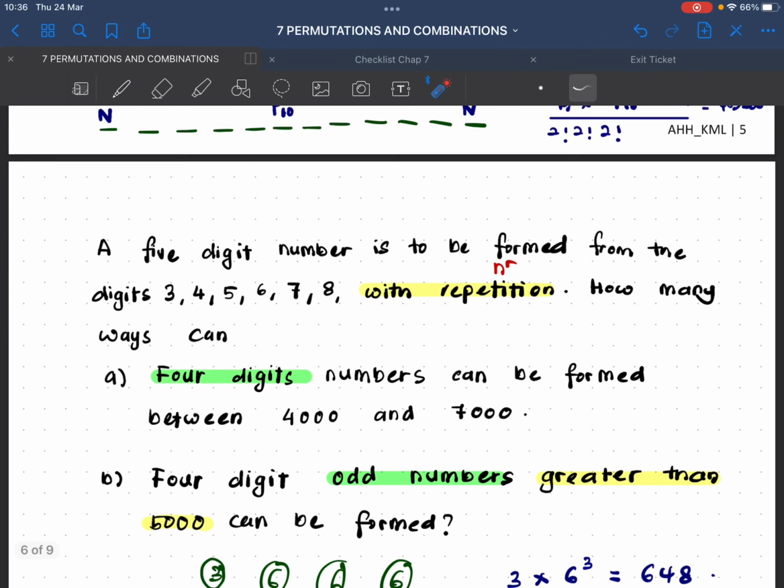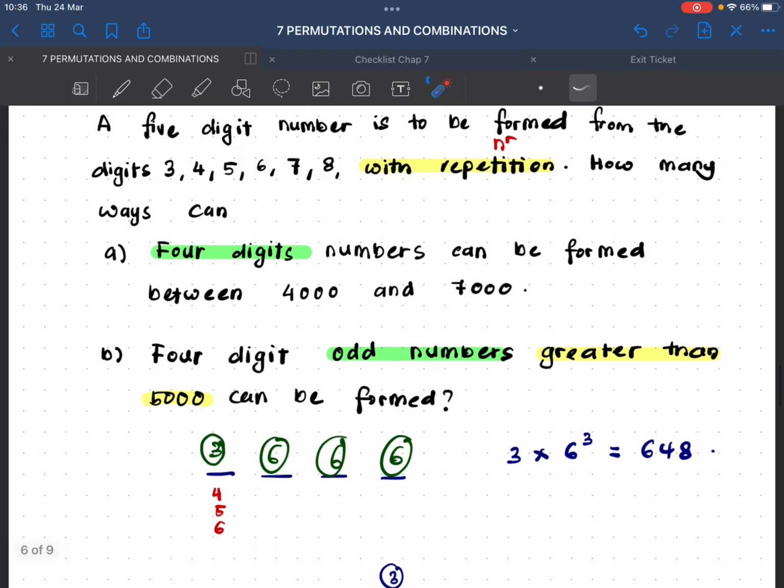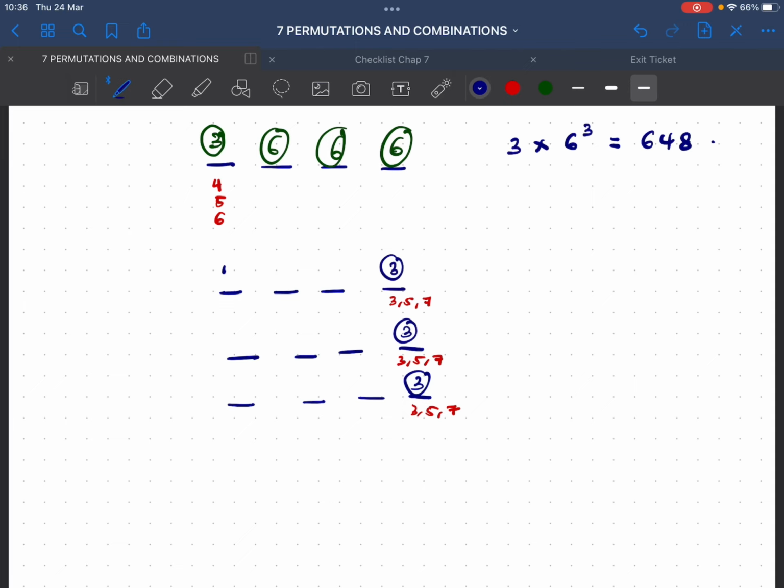But we have the other case, greater than 5,000. So greater than 5,000 can be 5, 6, 7, 8. So kita boleh letak 5 dekat sini, 6 dekat sini, 7 dekat sini, and kita ada 8. Here the same lah, 3, which is kita boleh letak 3, 5, 7.